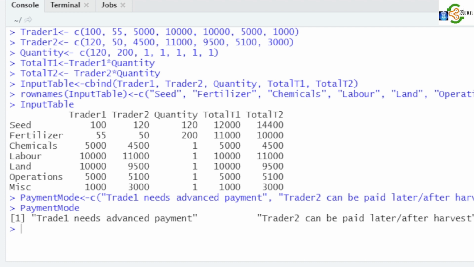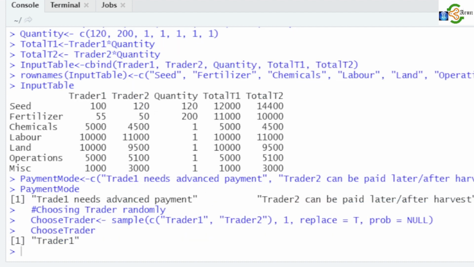Here I will choose the trader randomly. Let me run it. So let's see, RStudio automatically picked trader 1. It's just a random phenomenon.